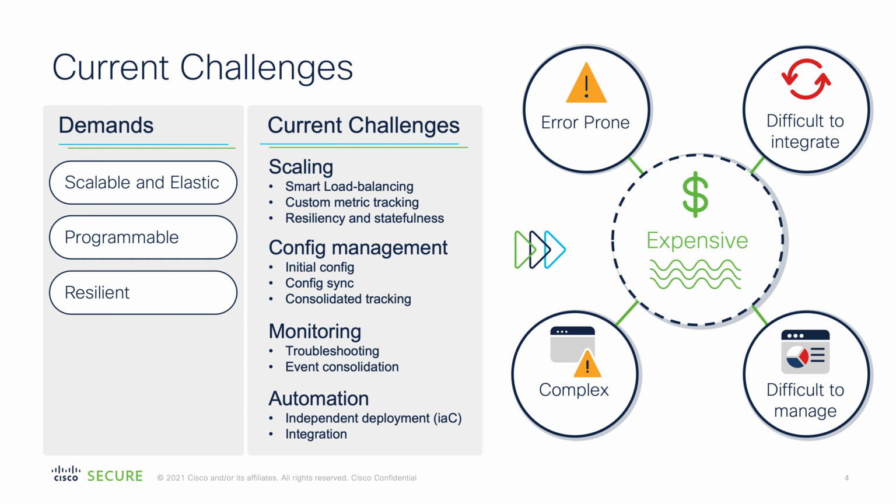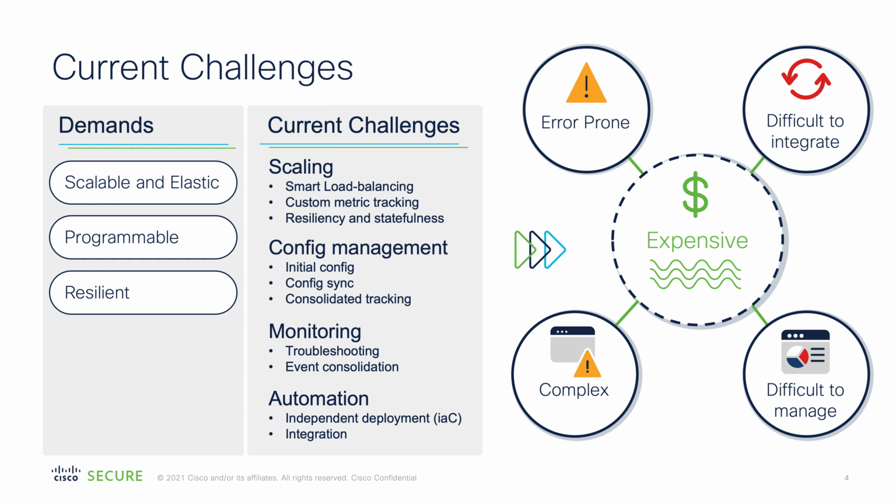Config management is difficult. Monitoring and automation is also difficult. Now, if you look at all these points, if they are not implemented correctly, your entire solution can become difficult to integrate, expensive, difficult to manage, complex, and error prone.